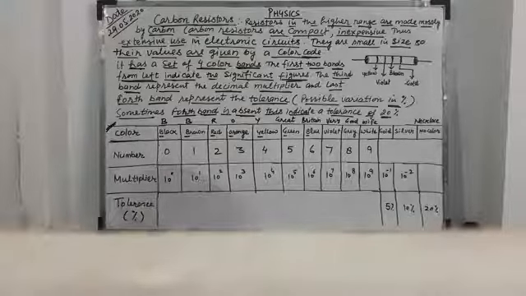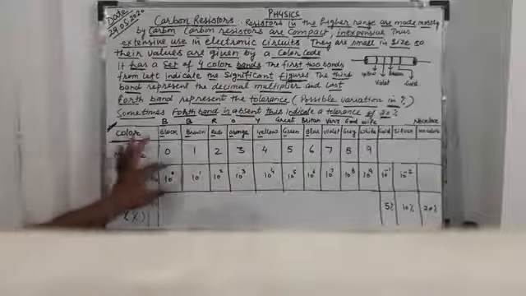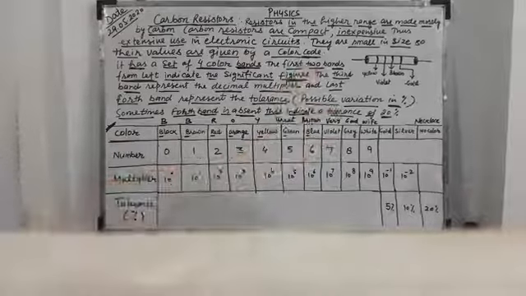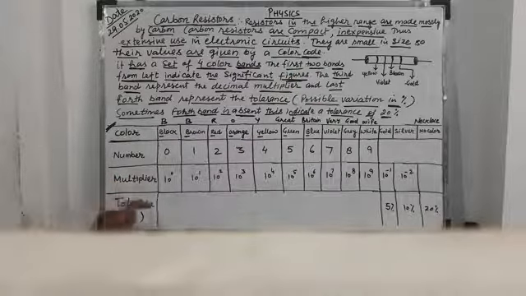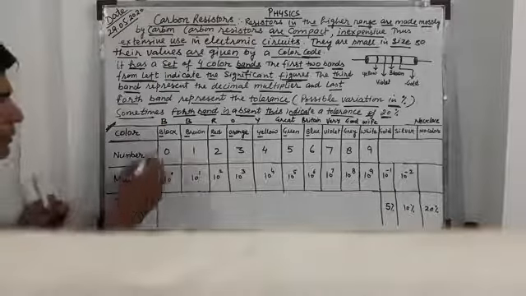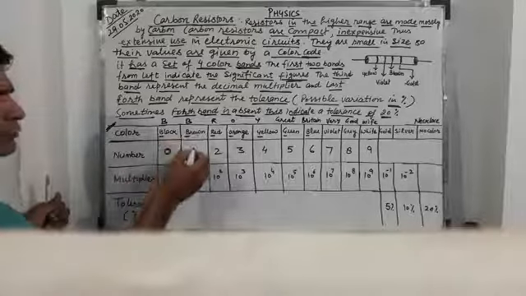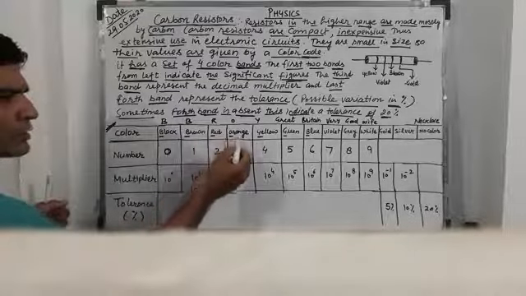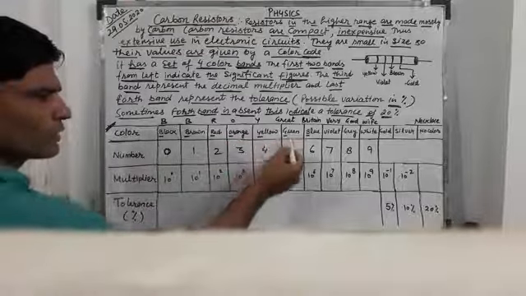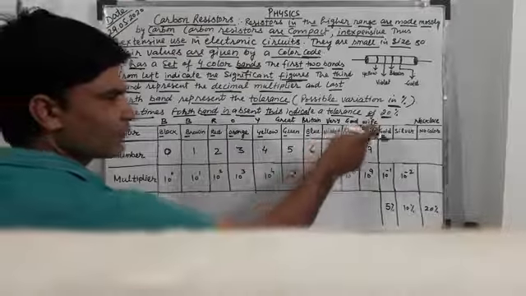The first two bands follow the number row. So black 0, brown 1, red 2, orange 3, yellow 4, green 5, blue 6, violet 7, grey 8, white 9.